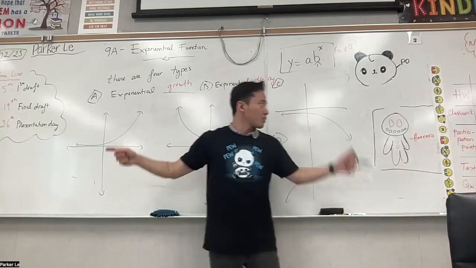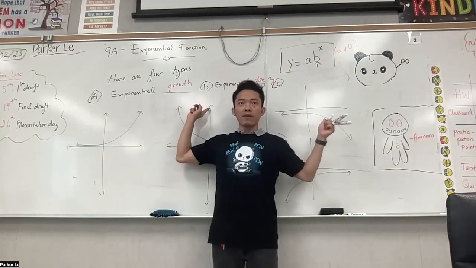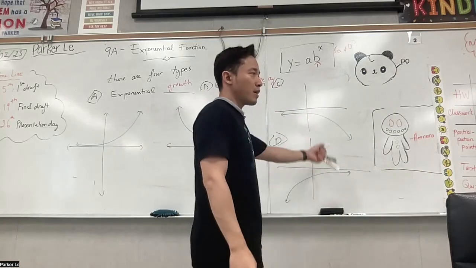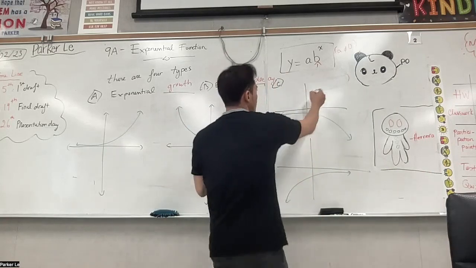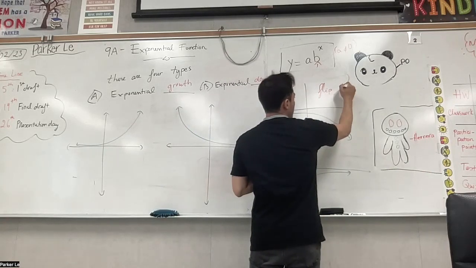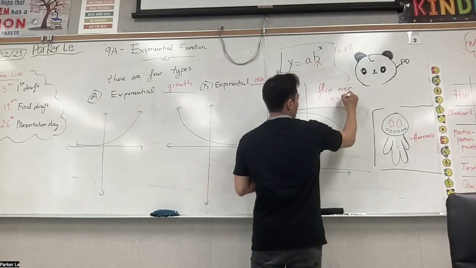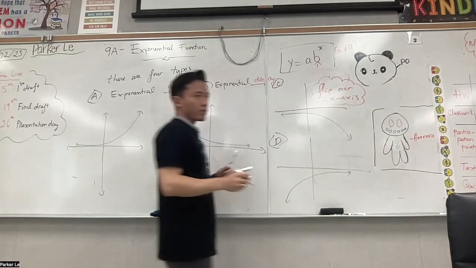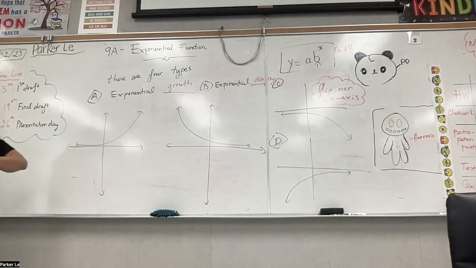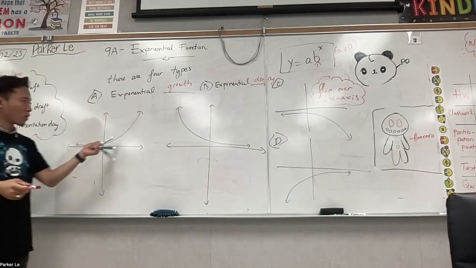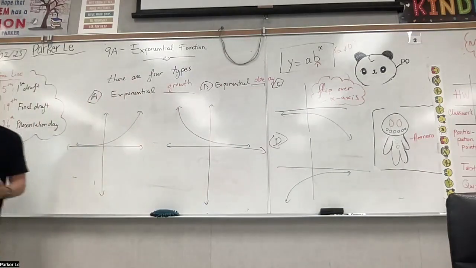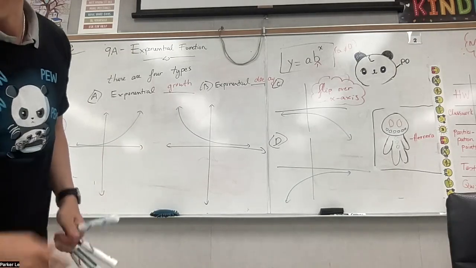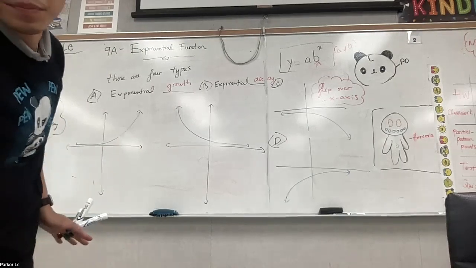So this one flipped becomes C, and this flipped becomes D. We don't need the names, but no one is going to ask you whether it's exponential growth or decay. You need to know growth looks like this, decay looks like that. Only 4 types. Now we can start the examples.